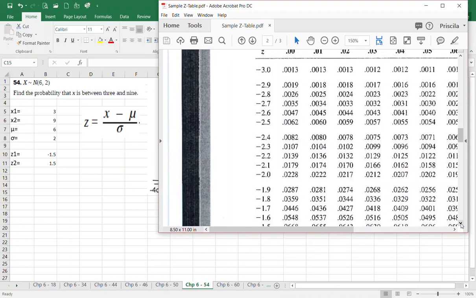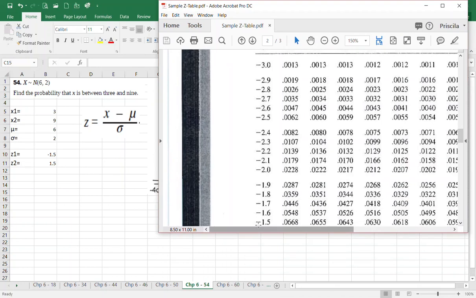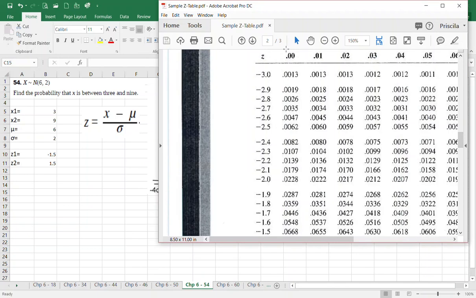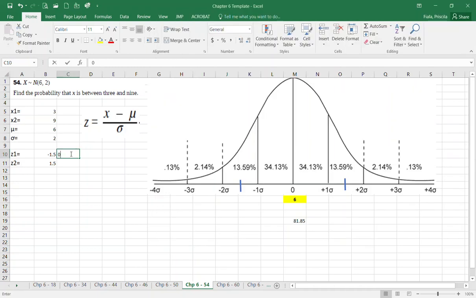So right there, you have a minus 1.5 and then no more digits. So you're actually using the header for 0. So right here, it's a full minus 1.5. Your value is 0.0668. Is that correct?